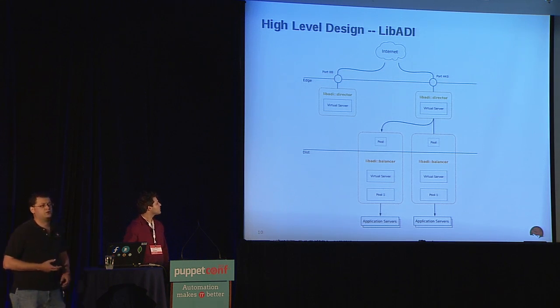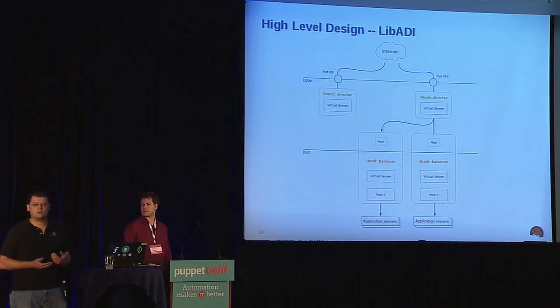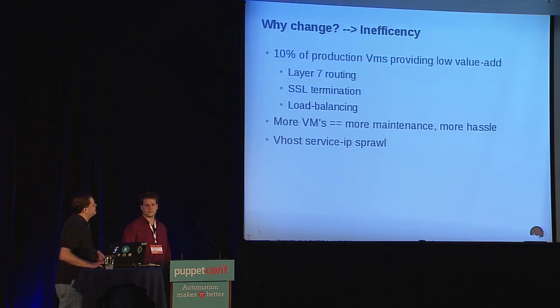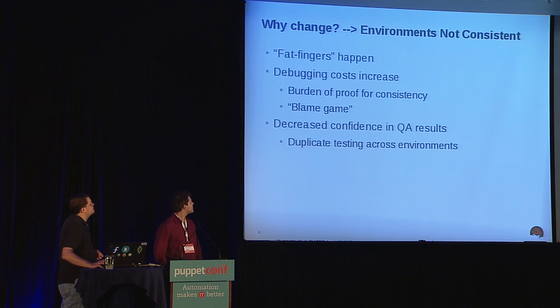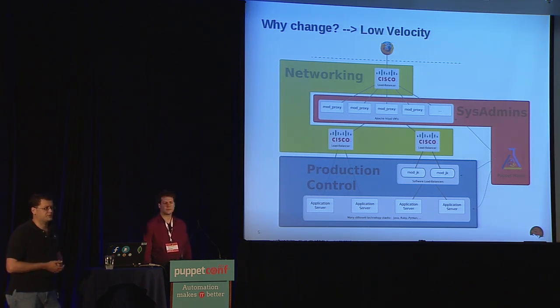A huge design goal of what we were trying to do is to have developers and technical leads take more accountability for the definition and maintenance of their application's architecture, right? So in the past, when we had this picture, you typically have a software guy who's cutting a code artifact, trying to take it through all the environments, but when it comes to load balancing, how much does he know?